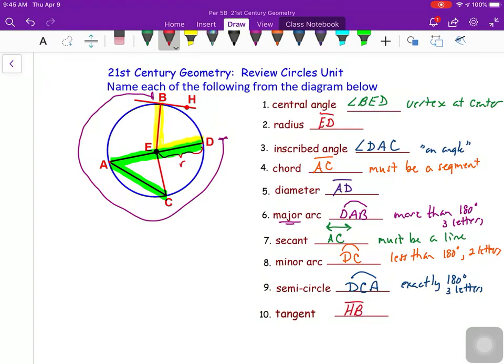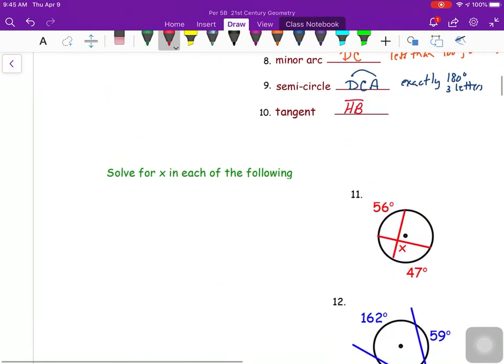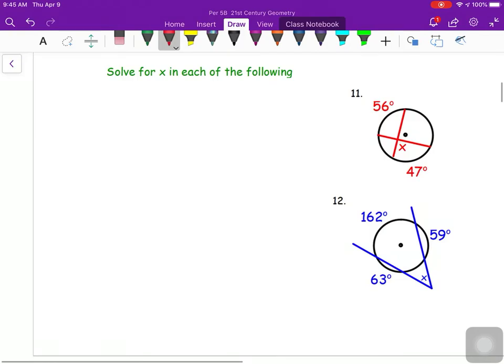A tangent can be a line or a ray or a segment, but it can only touch the circle at one point. So I'm going to name it, let's see, HB. And I'll name it as a segment. So that's the vocabulary. The rest of this is really going to be working out some problems, and we'll identify which type of angle we're working with first, and then we'll go ahead and solve it.